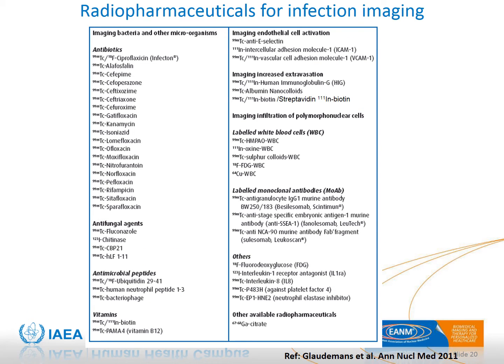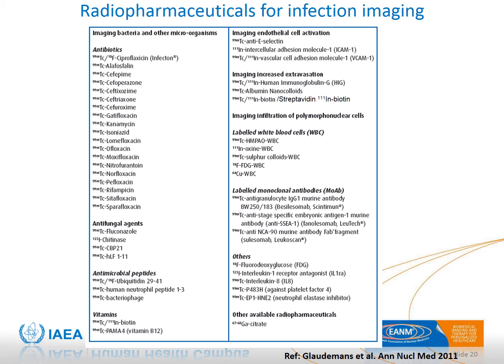We have a large armamentarium of pharmaceuticals for infection and inflammation imaging. They fall under various categories: antibiotics, antifungal agents, antimicrobial peptides, and even vitamins. However, more commonly used are agents which image the inflammatory process itself.